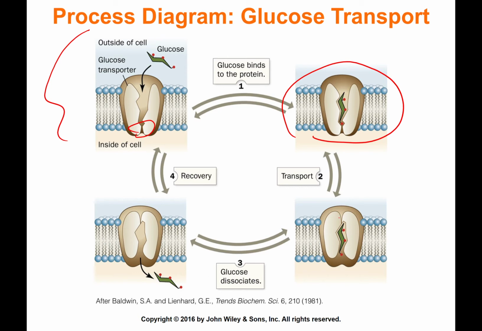The conformational change closes the protein on the top and opens it on the bottom. All right, so now that glucose is able to diffuse away to the other side of the cell. All right, so I would call this a ligand-gated passive transporter. So the ligand glucose is inducing a conformational change that causes itself to be transported from one side of the cell membrane to another.